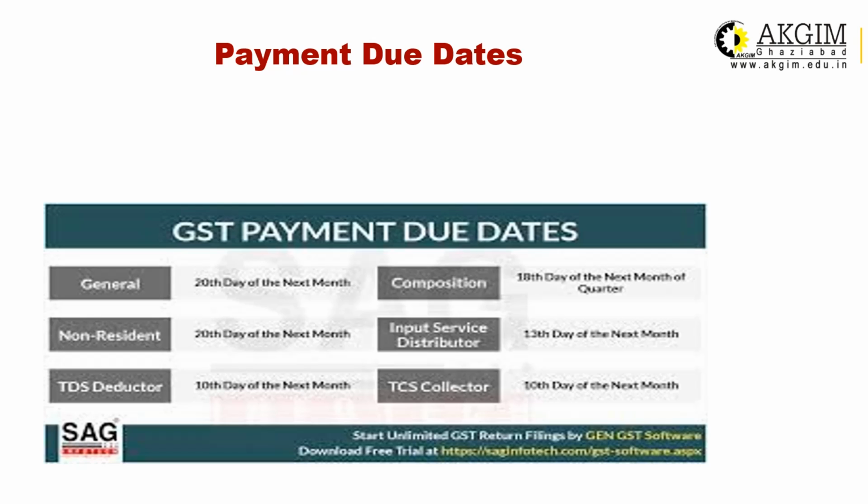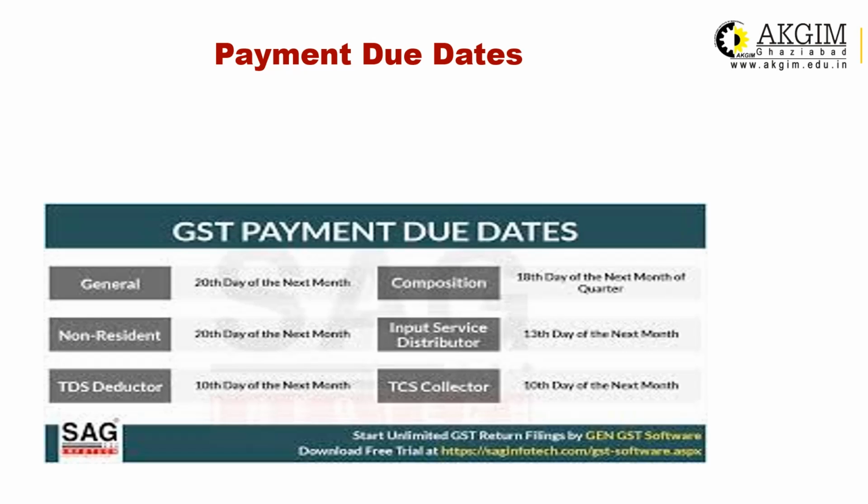As soon as the quarter is completed, then the next month up to the 18th day. For example, the first quarter starts on 1st April, May, June. The 30th of June is the last date of the quarter. Then you have to pay your total GST liability by the 18th of July. That is for the taxpayers having the composition scheme.